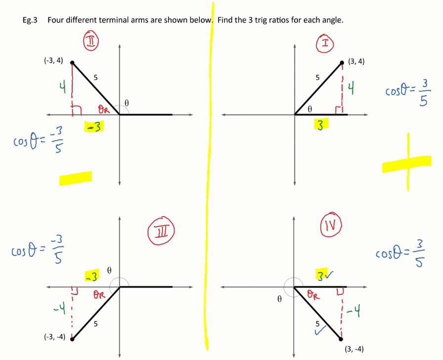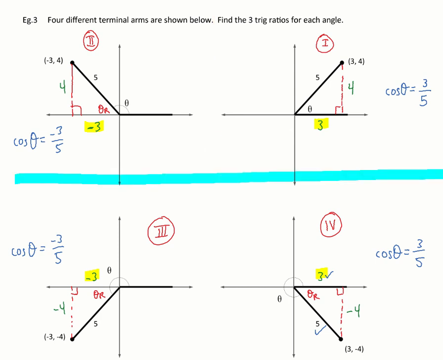Let's take a look at now. Let's draw the line that way. Now let's do the sine ratio of the top and bottom. Okay, so sine up here is going to be 4 on 5. Okay, opposite over hypotenuse.